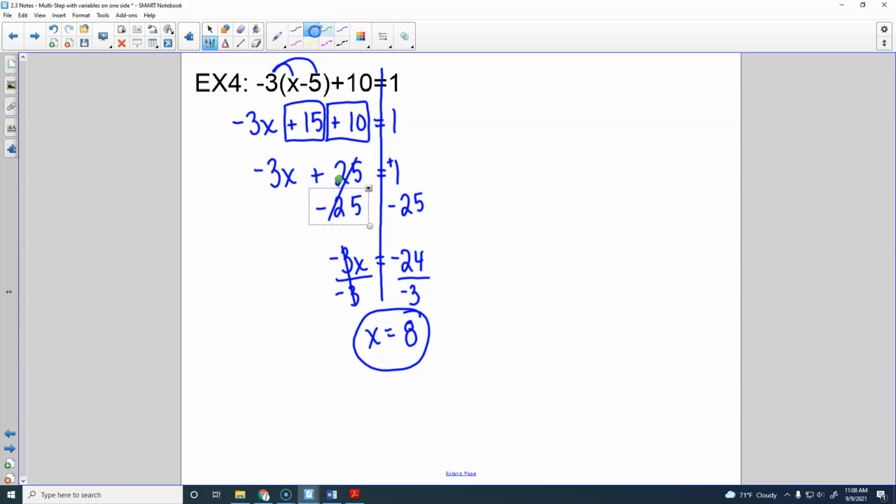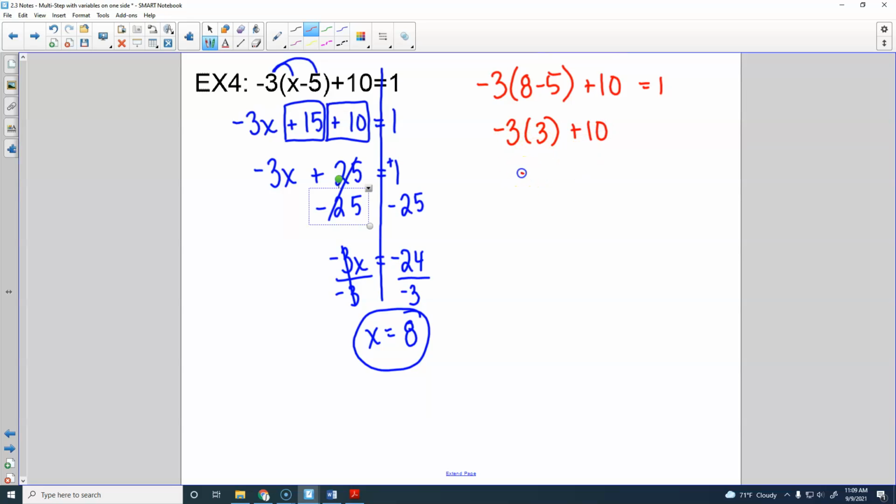Remember on these, I'm not going to make you do it on every one, but on your quiz, it's a good idea to think about this. Negative 3 times 8 minus 5 plus 10. I want to see if this really does equal 1. So to check your work, just do order of operations. 8 minus 5 is 3, so negative 3 times 3 plus 10.